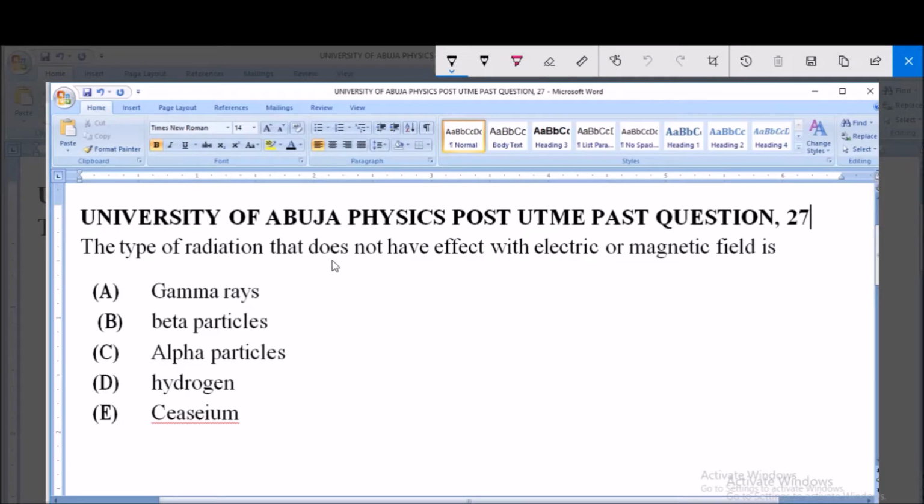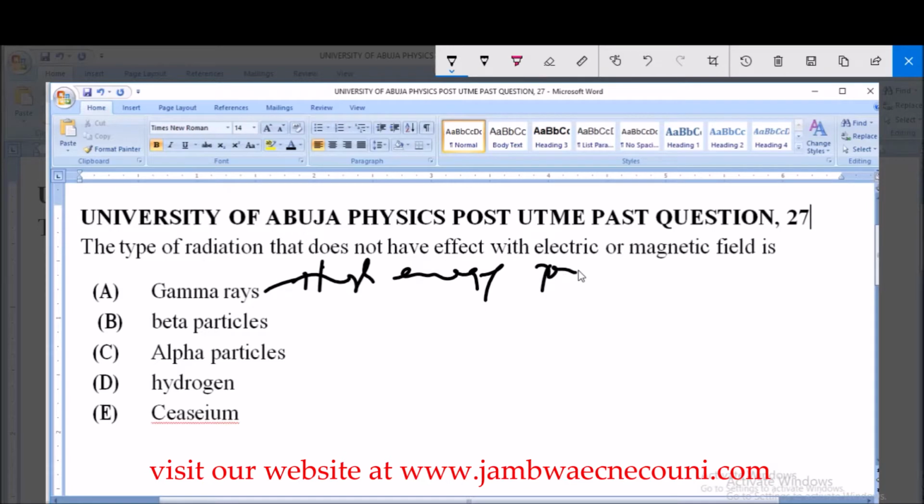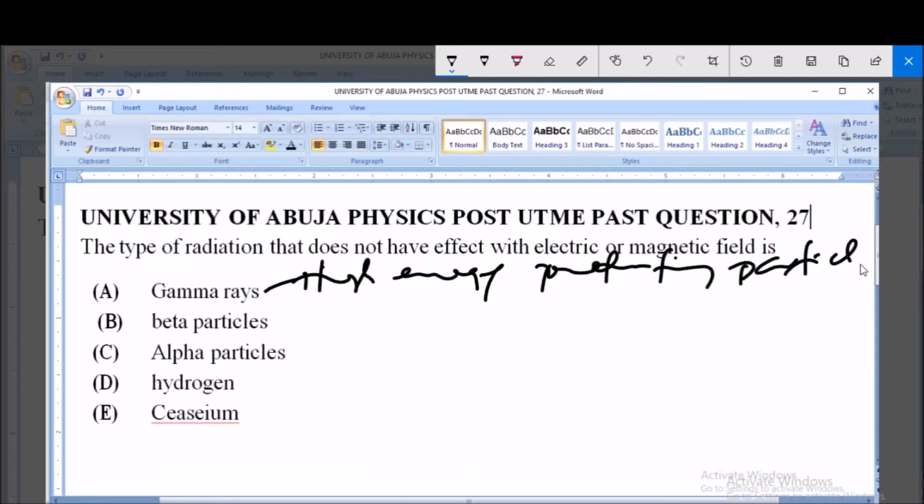Now, gamma rays. What are gamma rays? Gamma rays are actually high energy penetrating particles. These particles usually arise from radioactive decays, and they are among the particles that have the highest intensities.